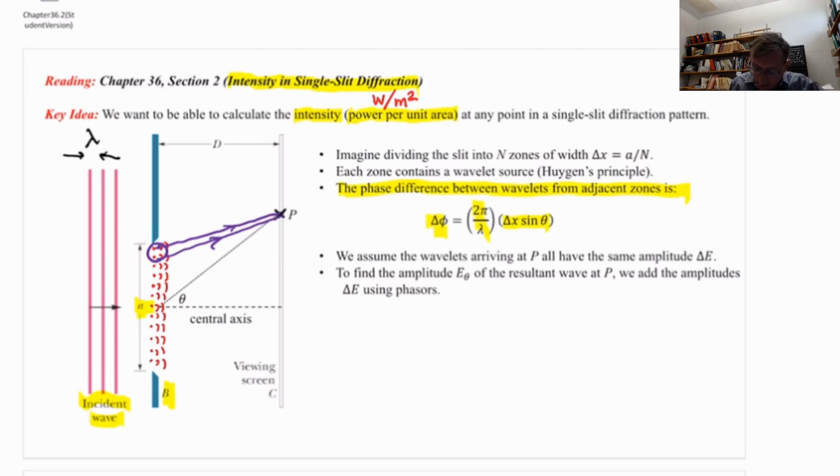Okay. Now, we assume that the wavelets that are arriving at point P all have the same amplitude. We'll call that delta E for the electric field part of the wave.